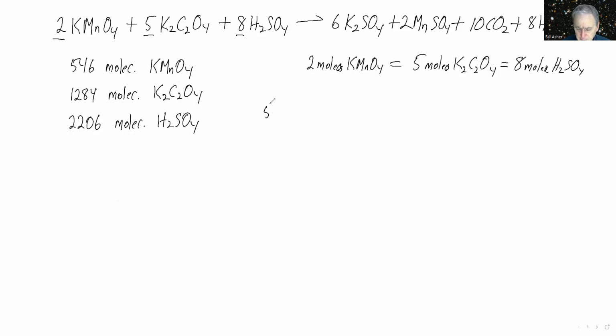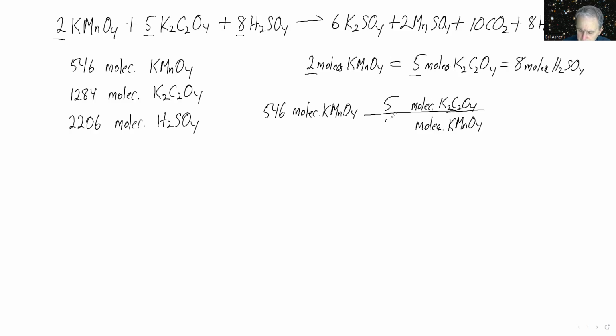So I would start out with 546 molecules of KMnO4, and then multiply by something with units of molecules of K2C2O4 per molecule of KMnO4. The numerical coefficients we put in here are the coefficients from the reaction, so it would be 5 molecules of K2C2O4 for 2 molecules of KMnO4.